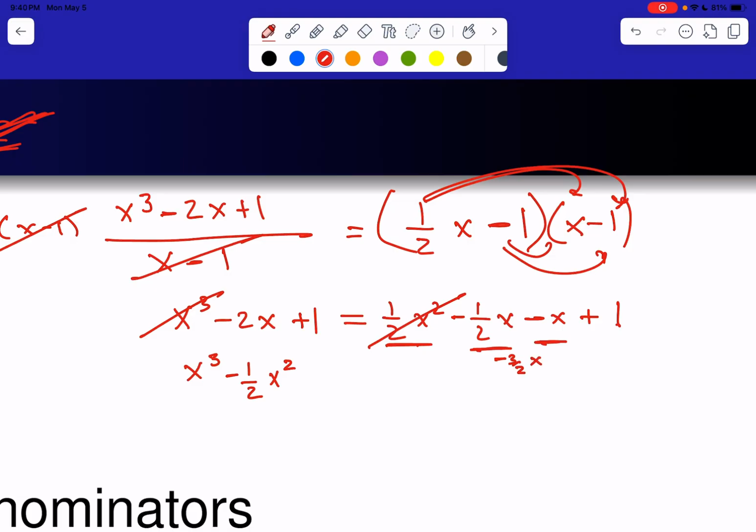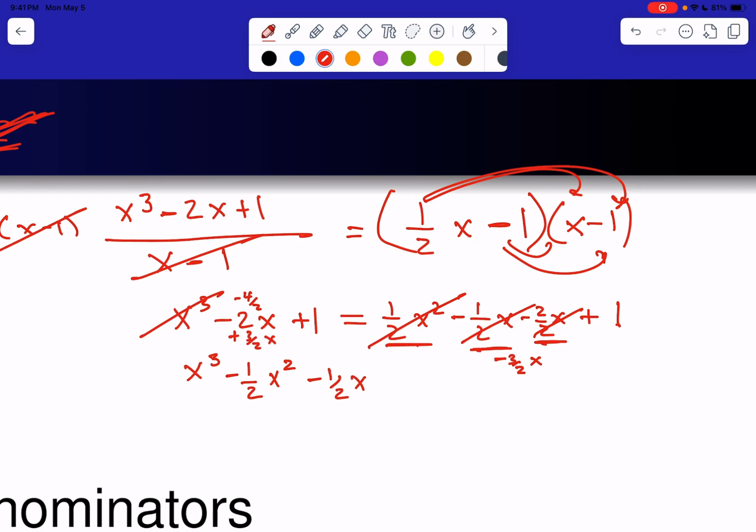Because there's a 1 in front of here, which is really 2 over 2, if you want to think of it like that, it's minus 2 over 2. So if I add 3/2 x to the other side, I've got to think of 2 as 4 over 2. So it's negative 4 over 2 plus 3 over 2, which is negative 1/2 x.